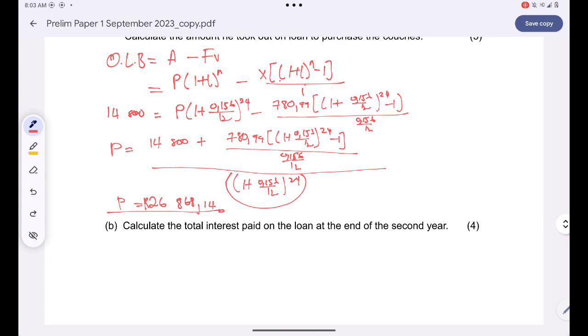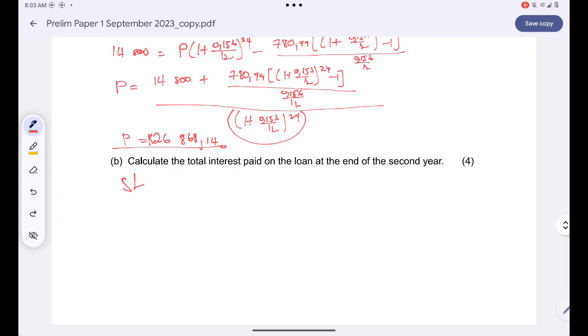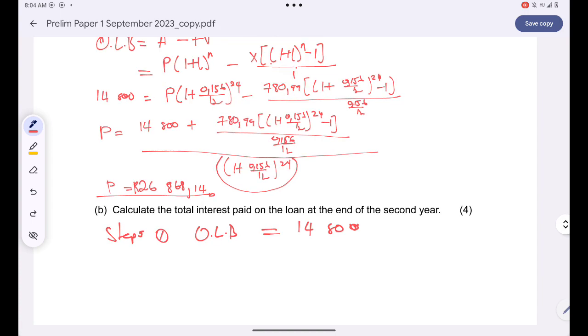Okay, and then now they want us to calculate the total interest paid on the loan at the end of the second year. There are certain steps that we need to follow to calculate interest. Number one, you must find your outstanding loan balance. In this case, we are lucky because we are given it, it was just 14,800.